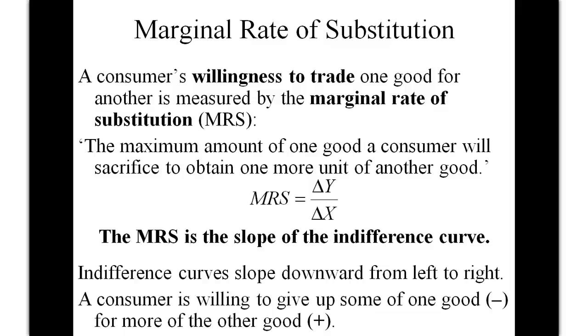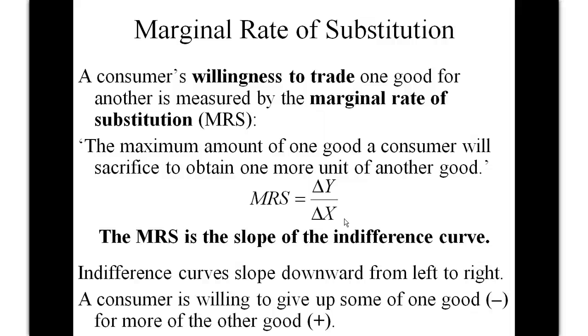So the marginal rate of substitution is just based on changes. So D here, or delta, the Greek delta, just reflects change. How much of one good are you willing to give up for the other good? So dy dx, or delta y delta x. How much must the change in each good be? So the marginal rate of substitution is measured by the slope of the indifference curve.